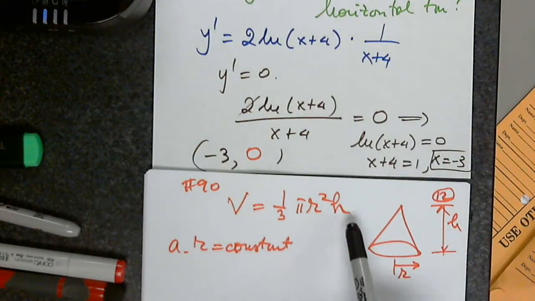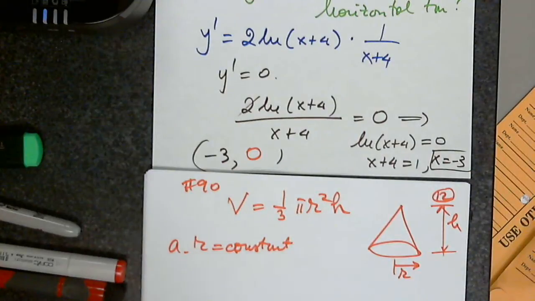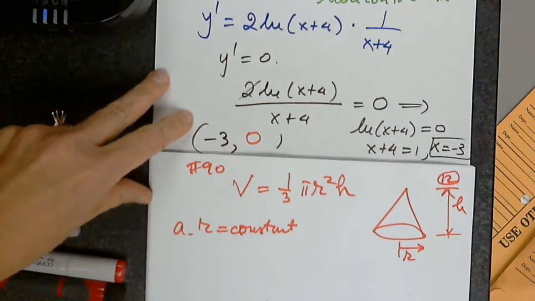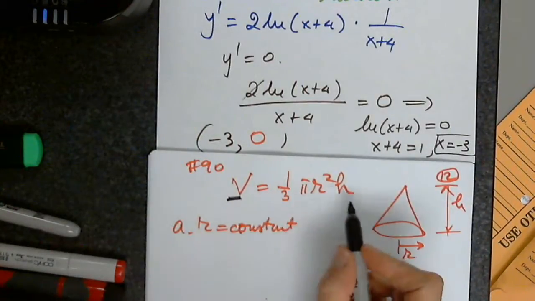So V, R, and H. Which of these are functions of time? Exactly. So these two are functions of time.